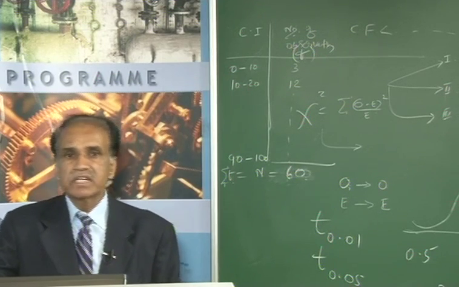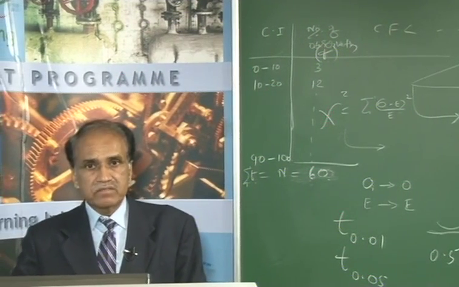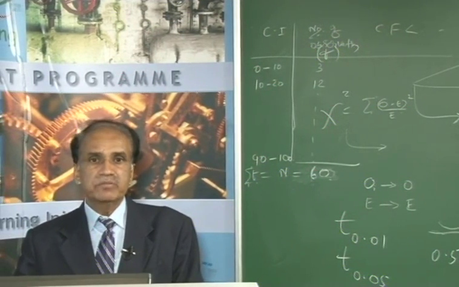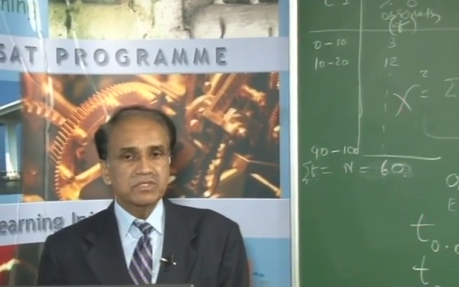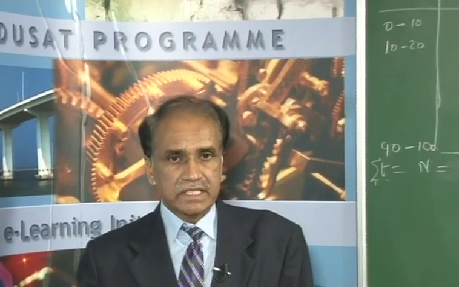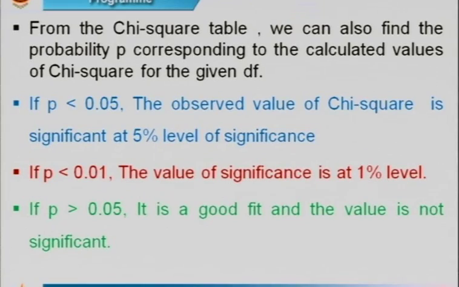Here we can observe some points from the chi-square test. From the chi-square table we can also find the probability p corresponding to the calculated values, in terms of the given degrees of freedom. If the probability value is less than 0.05, the observed value of chi-square is significant at 5% level of significance.